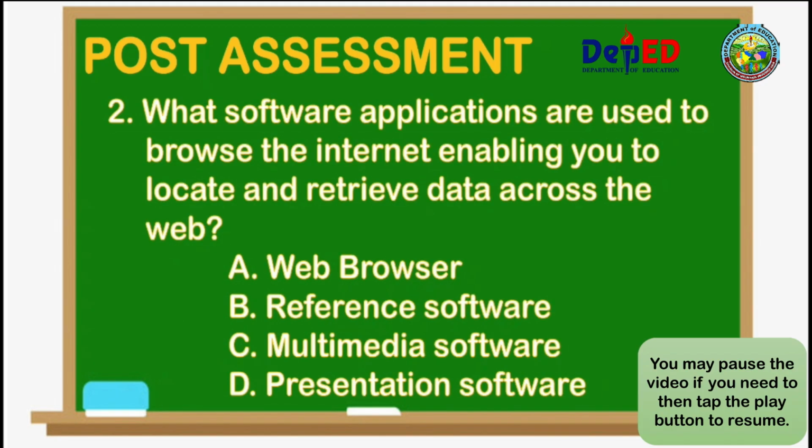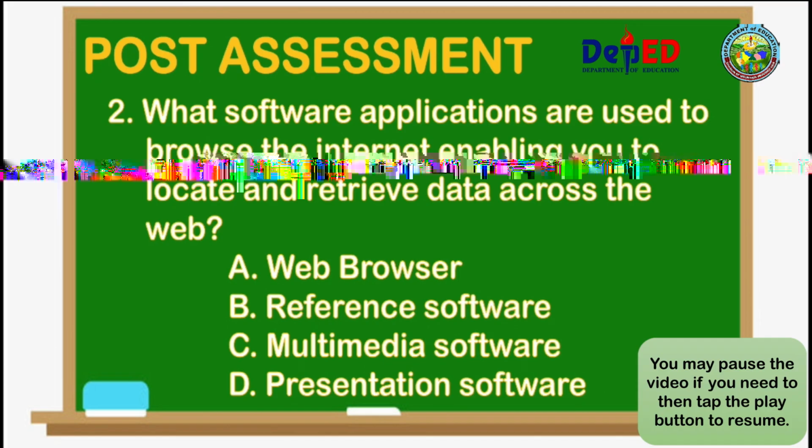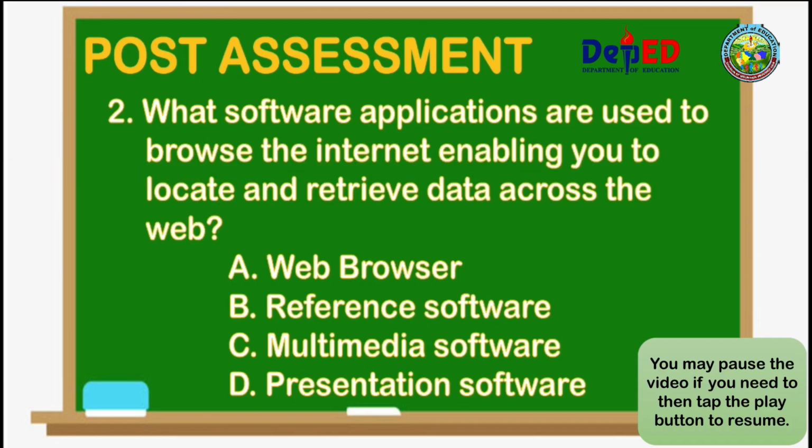What software applications are used to browse the internet, enabling you to locate and retrieve data across the web? A. Web browser, B. Reference software, C. Multimedia software, or D. Presentation software? The correct answer is A. Web browser.